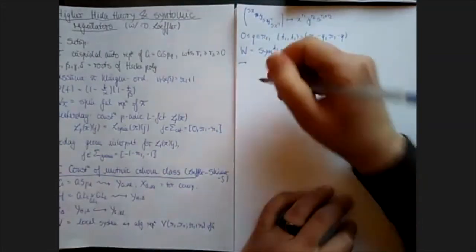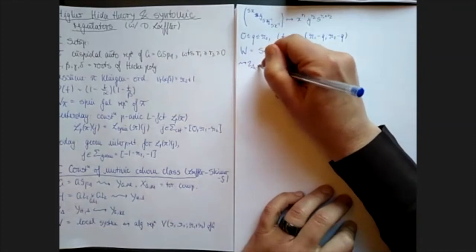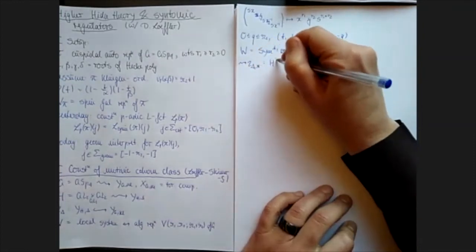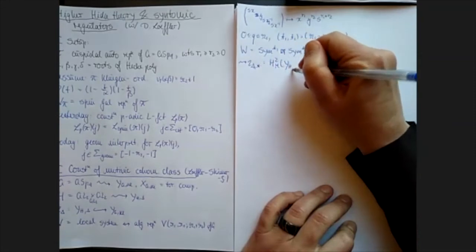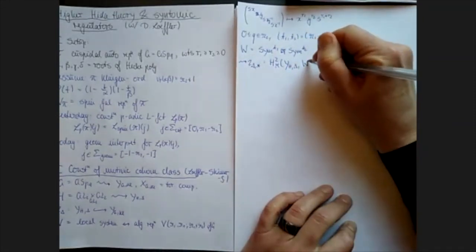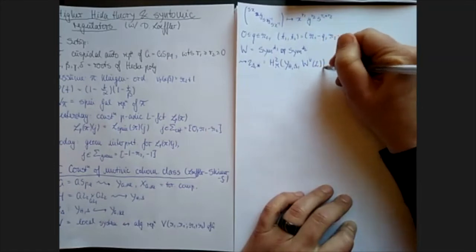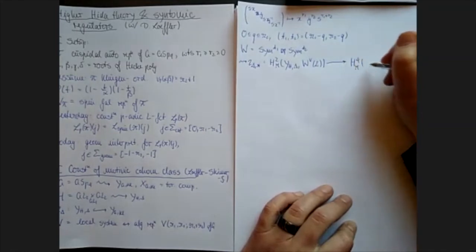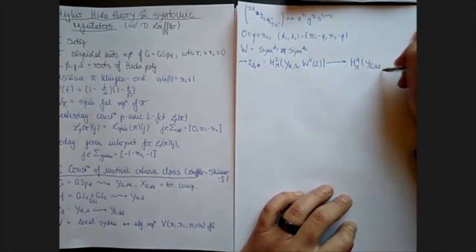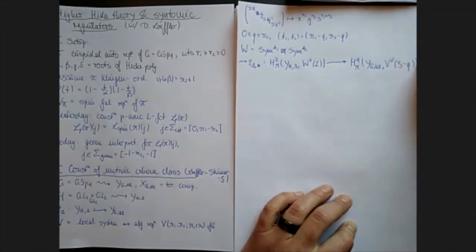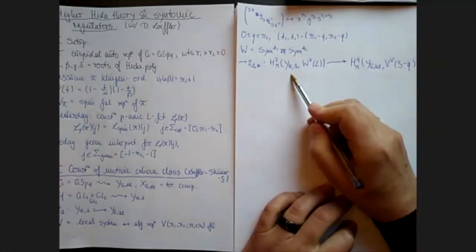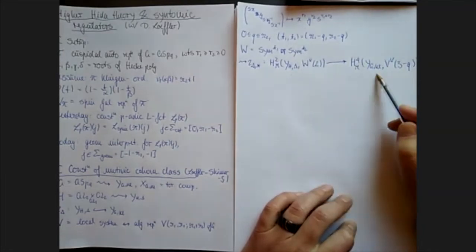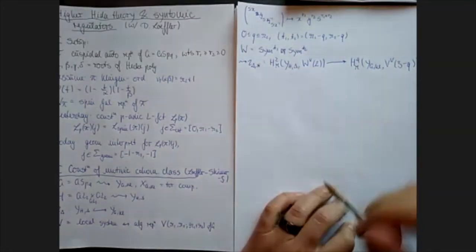So we then get a push forward map from H^2 motivic of Y_H^delta with coefficients in the dual of W, twist 2, into H^4 motivic of Y_G Klingen with coefficients in V dual, twist 3 minus q. Right, so the idea is now to take a suitable element in this motivic cohomology group and to consider its push forward under this map.